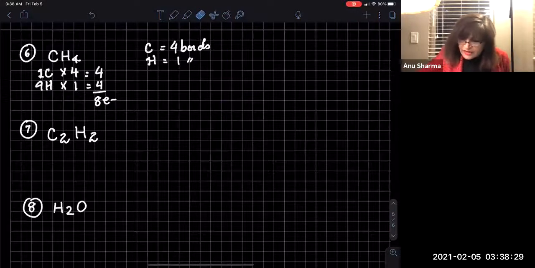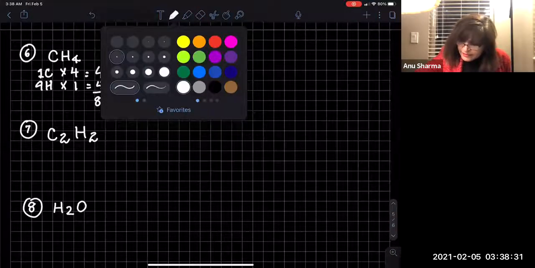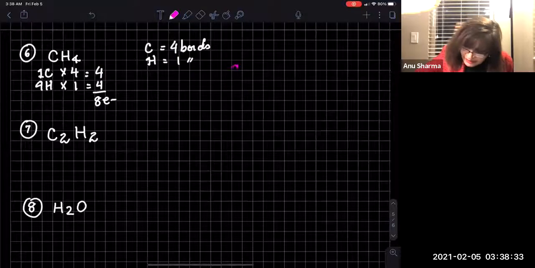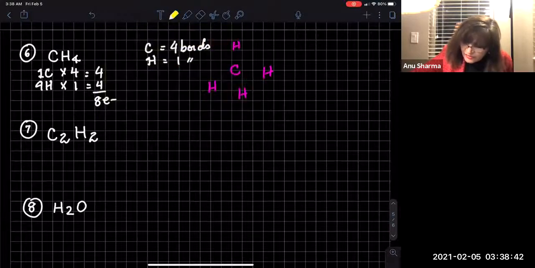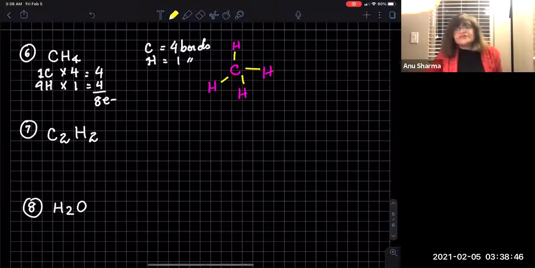I'll just do this again. So here is carbon in the middle, and hydrogens at an angle, which is a much wider angle. And here is your 1, 2, 3, 4, 5, 6, 7, 8.